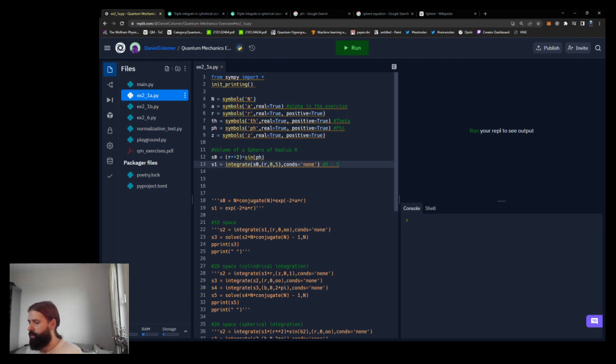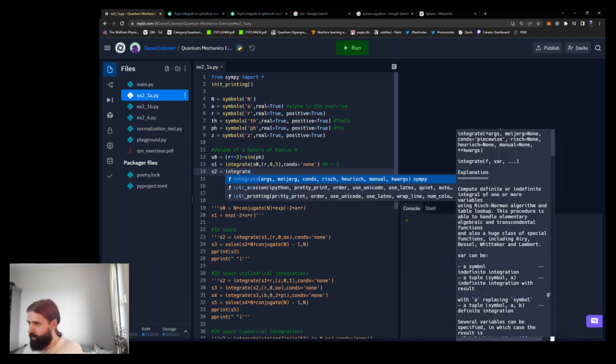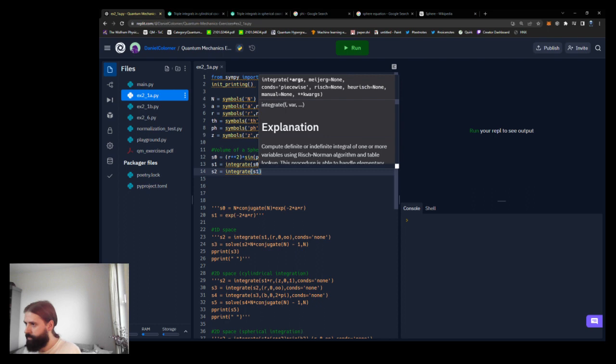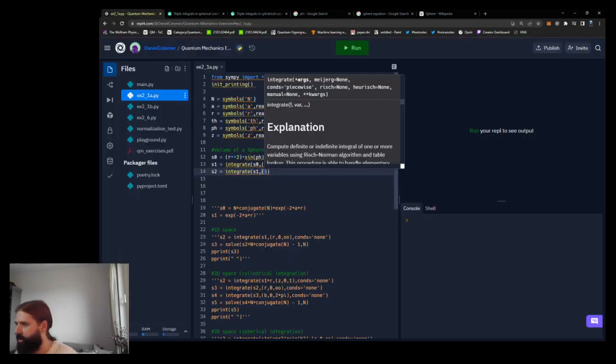And so this is the first thing, and then we do S2 equals integrate S1, and what do we do then? We do phi. So first we do the one that's pi. That makes sense.